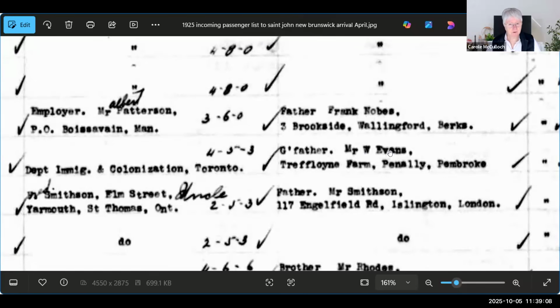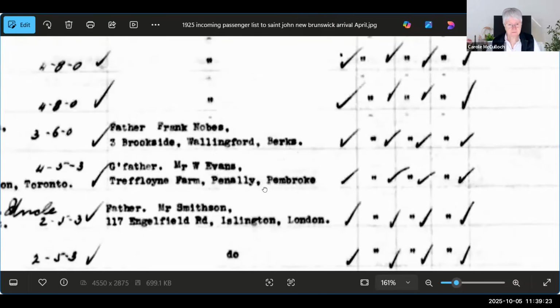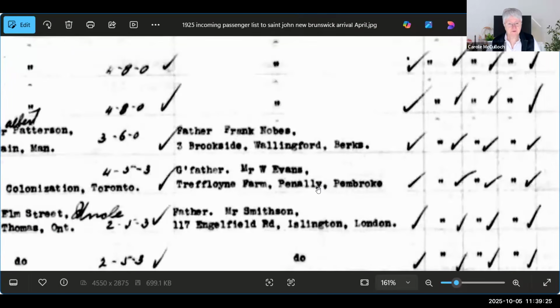Not sure where the W comes in because his grandfather was Joseph Job. However, Trefloyne Farm, Penally, Pembroke, is where he lived prior to coming to Canada. So it verifies for me that this is the right person on this manifest.